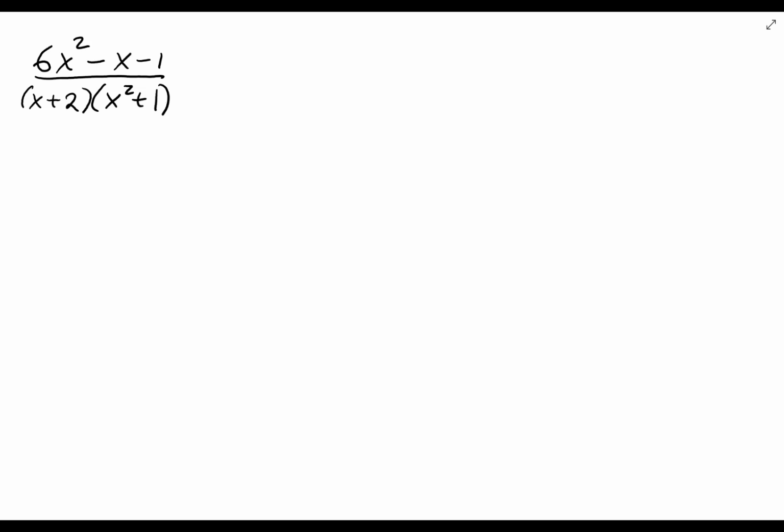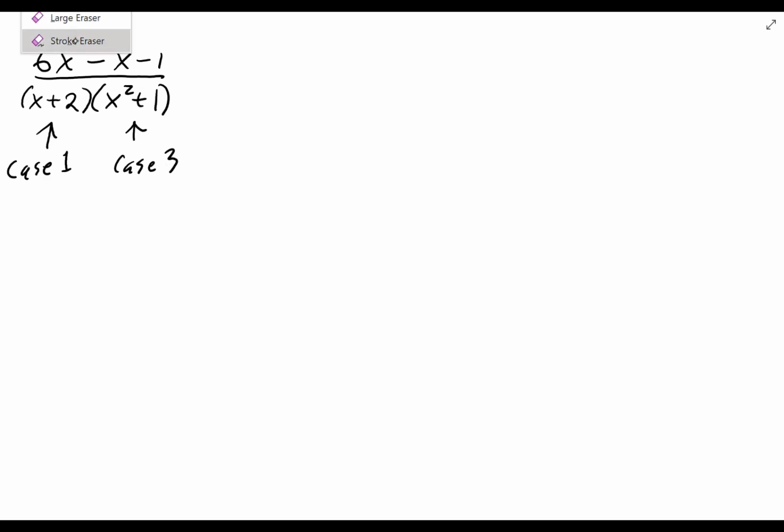Okay, this x plus 2 is case 1. That's a linear factor raised to the first power. This x squared plus 1, that's case 3. That's an irreducible quadratic to the first power.